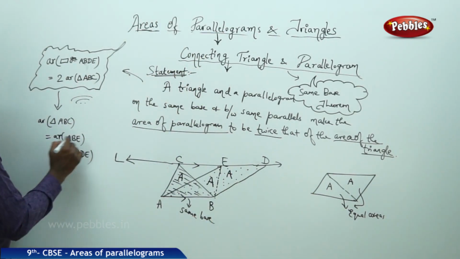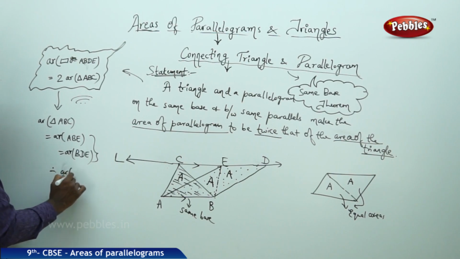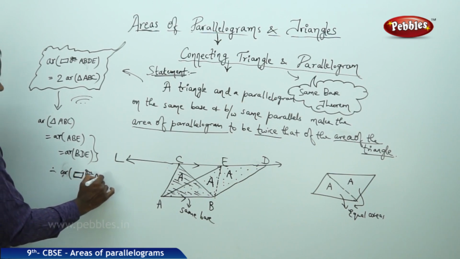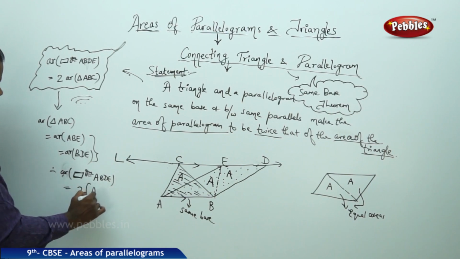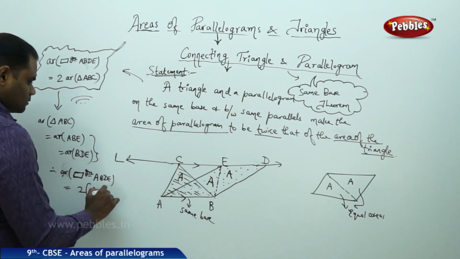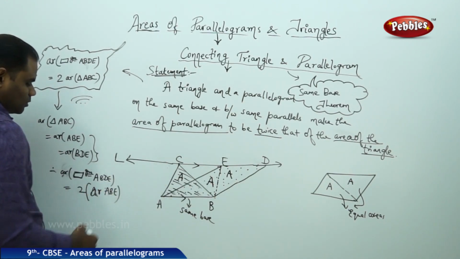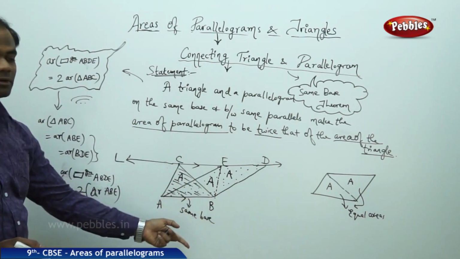And therefore, area of parallelogram ABDE is twice area of ABE, because the diagonal makes the two triangles congruent in a parallelogram.